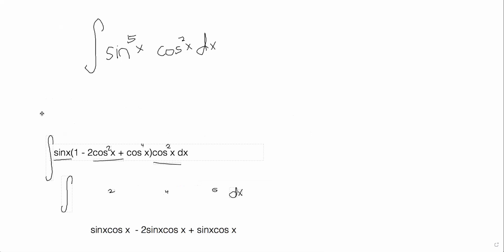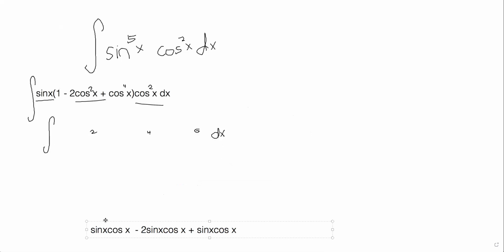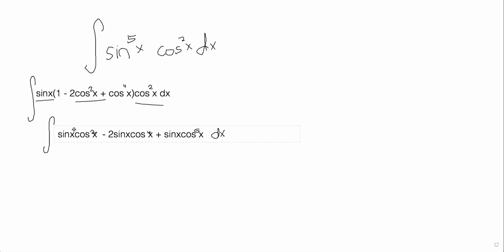Let's think about what we want to do next. What kind of a strategy do you think would be useful to do this next part? Separating each integral. I mean, separating the whole integral into 3 smaller ones. Perfect.